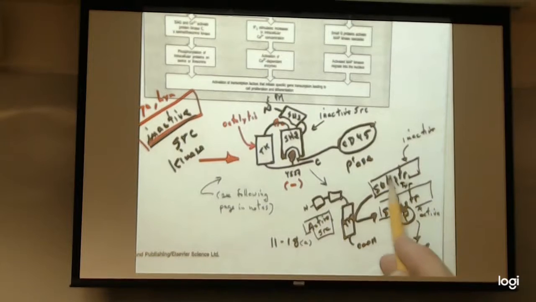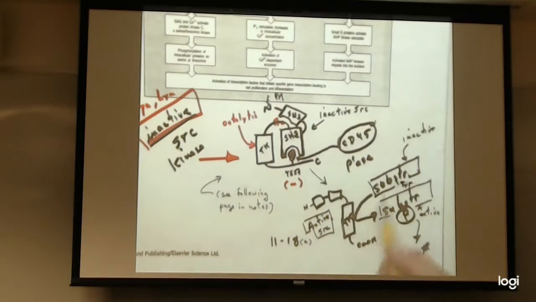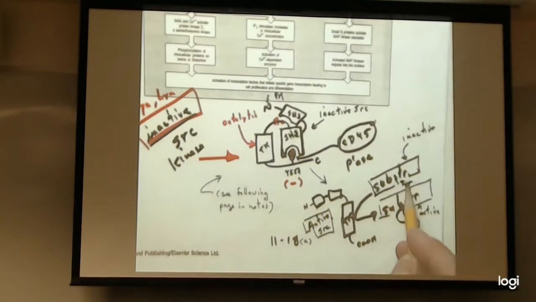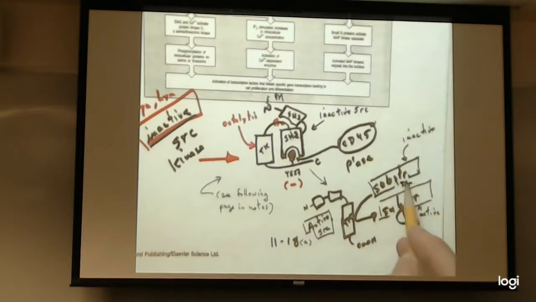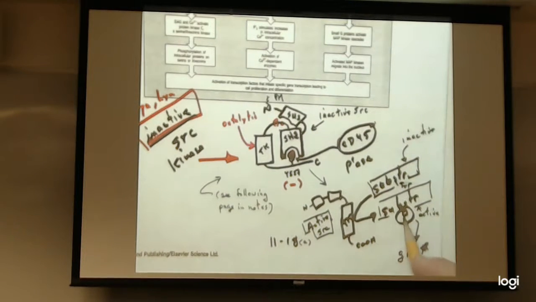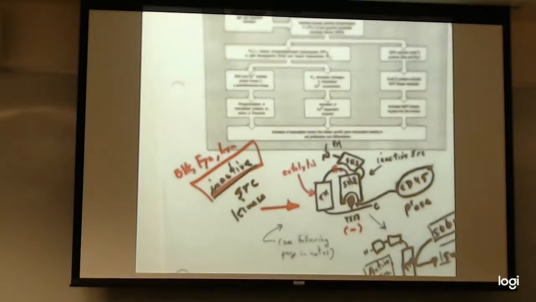So it's a substrate protein. Active Src will now phosphorylate a tyrosine, or one or more tyrosines on the substrate, and when the tyrosines are phosphorylated, that typically then activates an enzymatic activity associated with the target protein. Now I'm going to show you more detail on this.